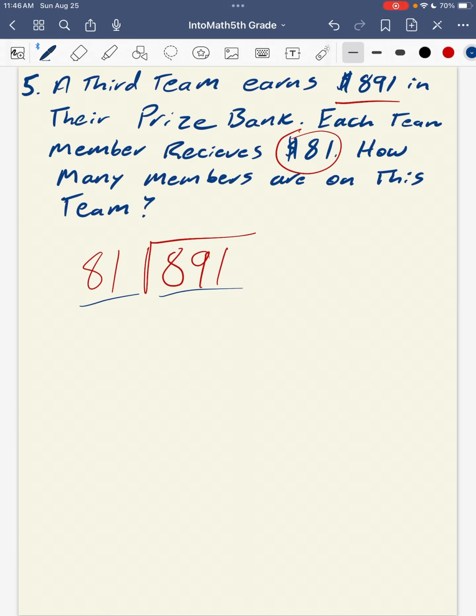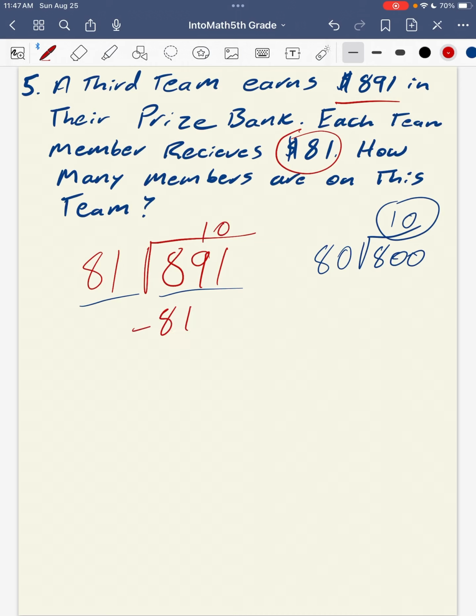I see that I have 80 and I have 891, which I'm going to use comparable numbers of 80 and 800. Reasonably speaking, my answer should be about 10. It's not going to be perfect, but let's keep that in mind. Knowing that it's about 10, if I multiply 81 times 10, I can subtract 810.